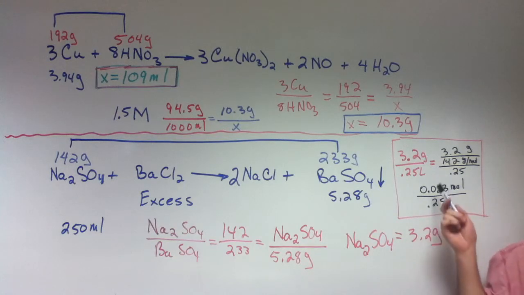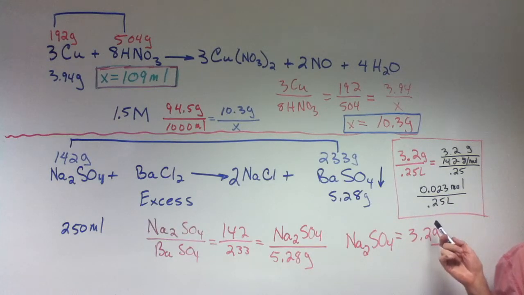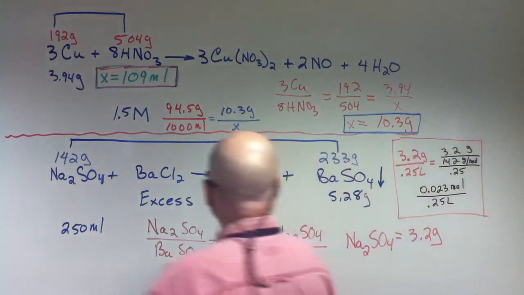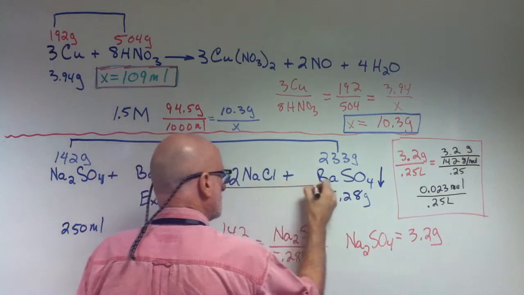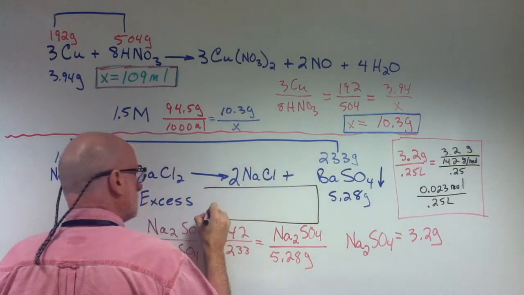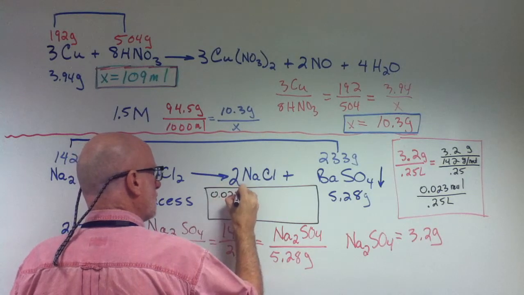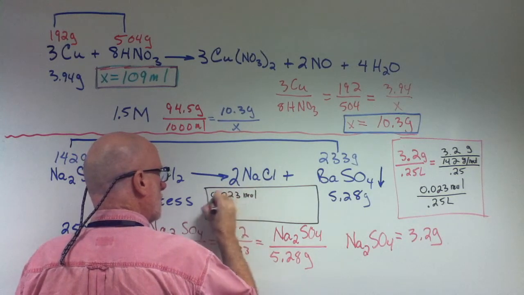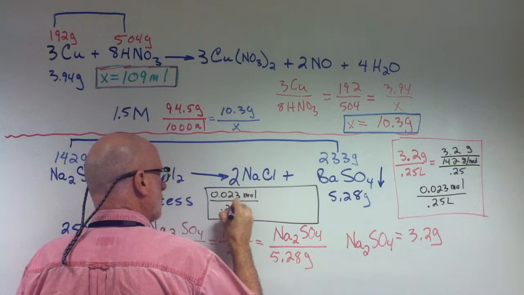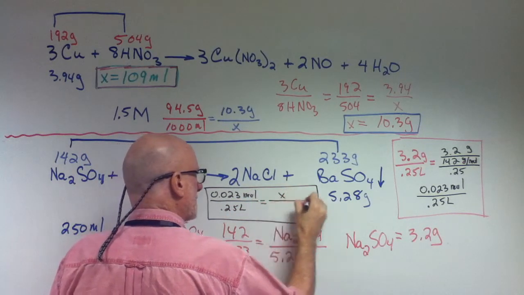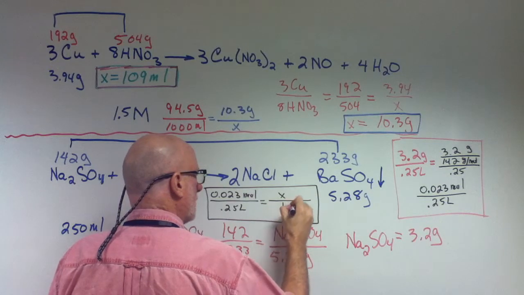Convert that to molarity. 0.023 moles over 0.25 liters equals X over 1.